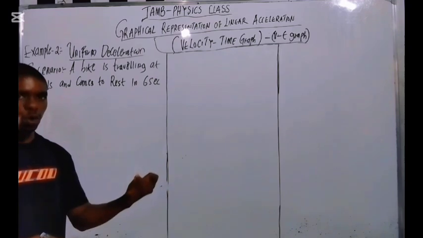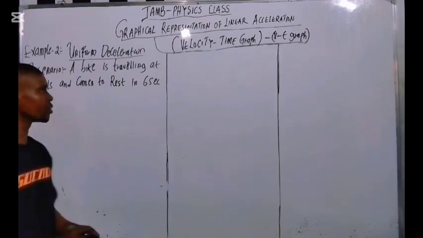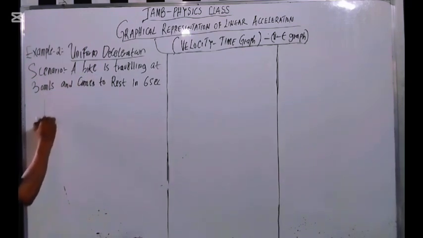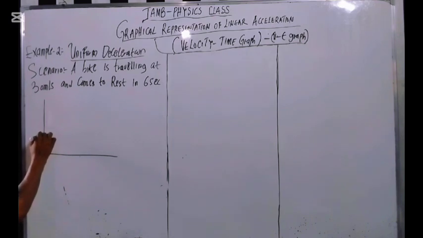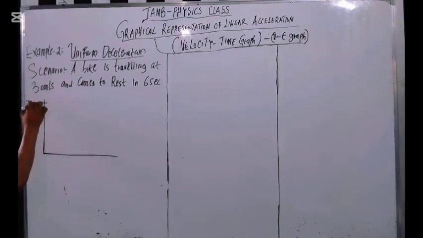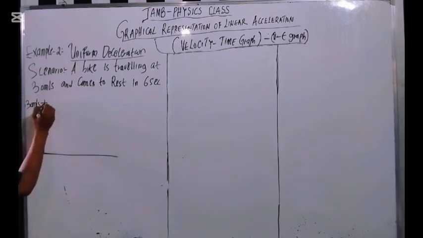How do we get the slope, and how do we get the area or the distance traveled? The bike is traveling at 30 meters per second here.